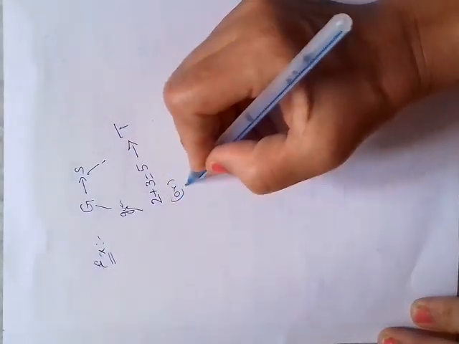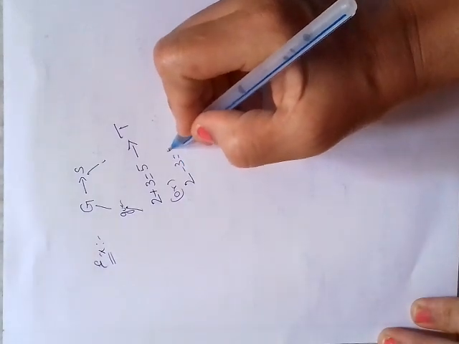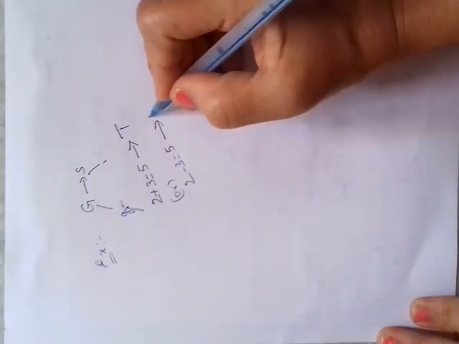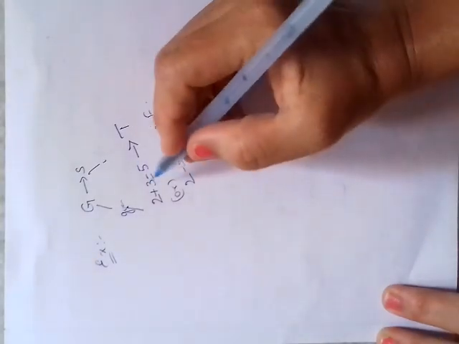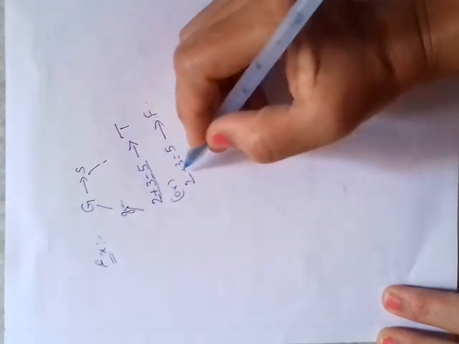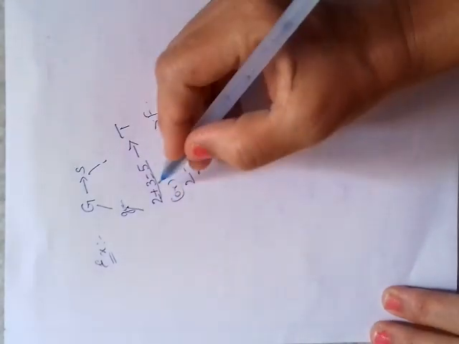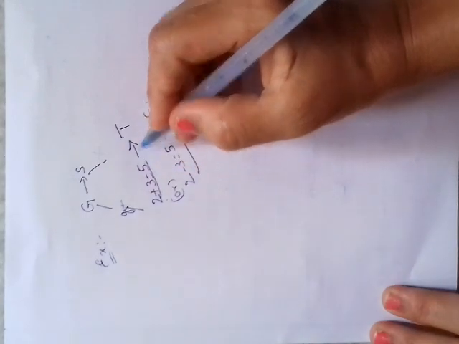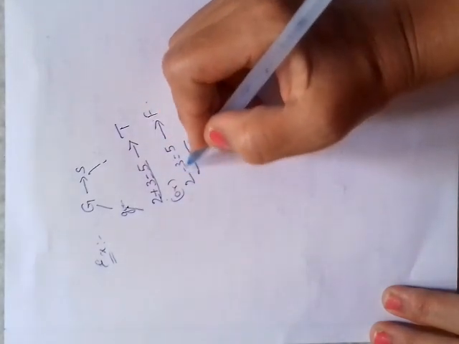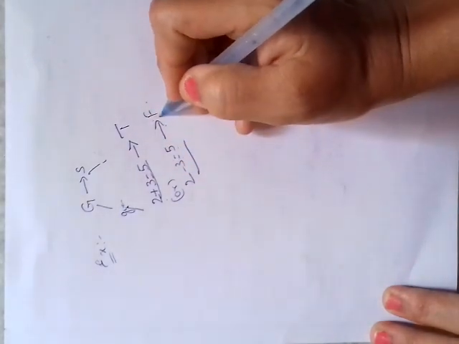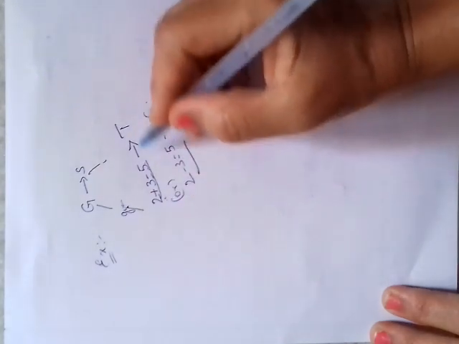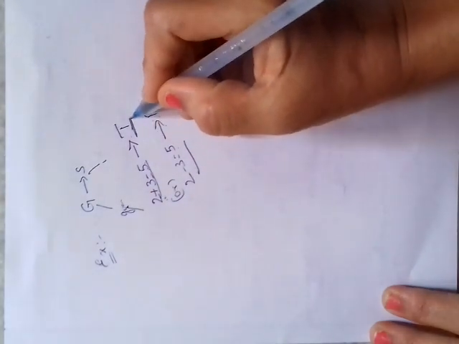Or 2 minus 3 equal to 5, the value is false. Out of these two statements, which one is true? 2 plus 3 equal to 5 is true, and 2 minus 3 equal to 5 is false. So only if G is true will the statement be executed.